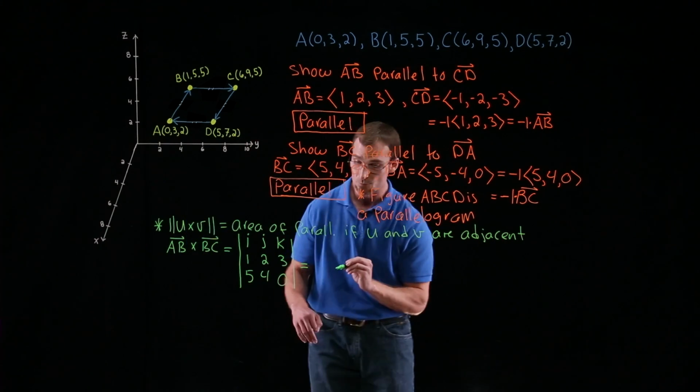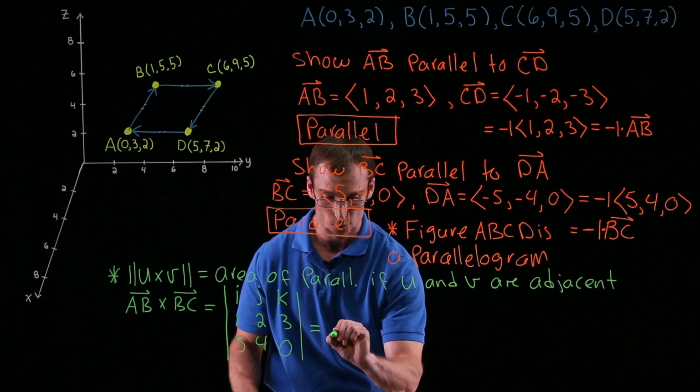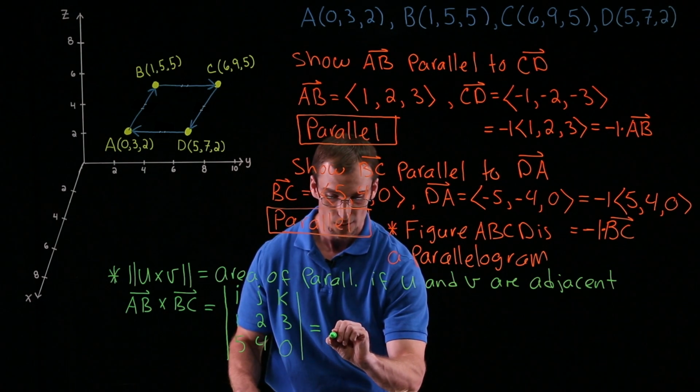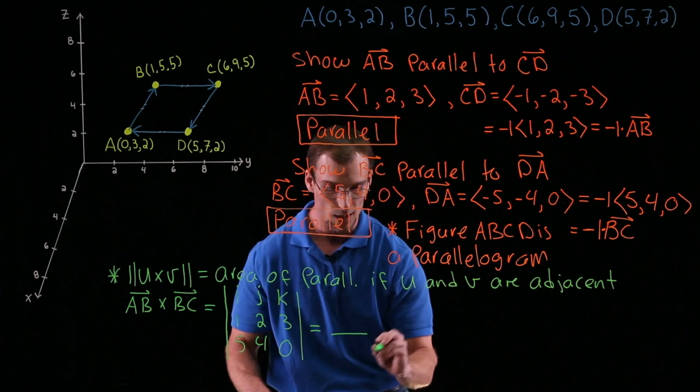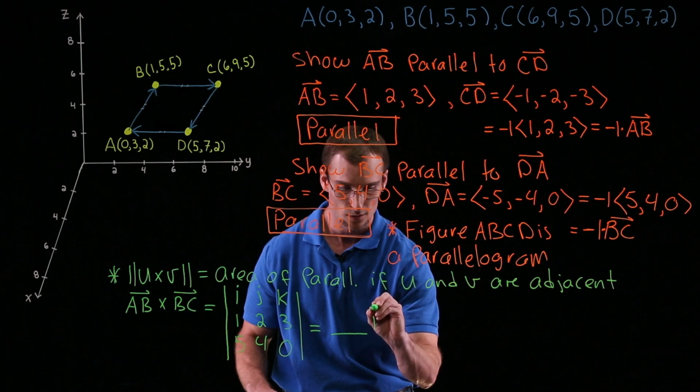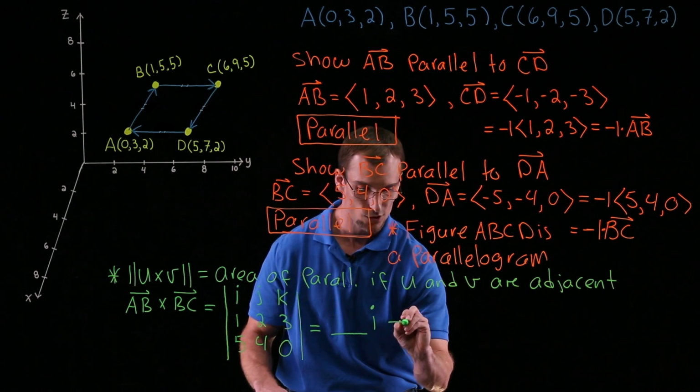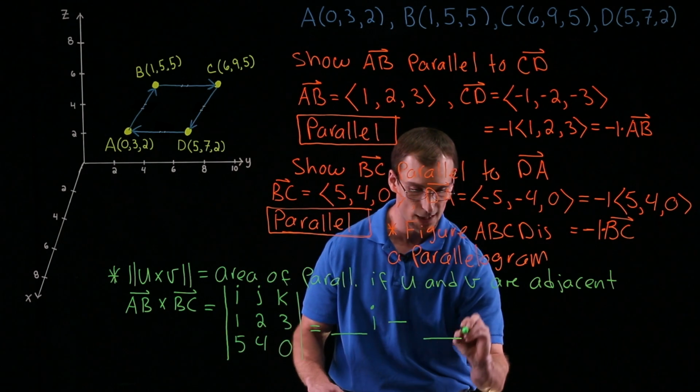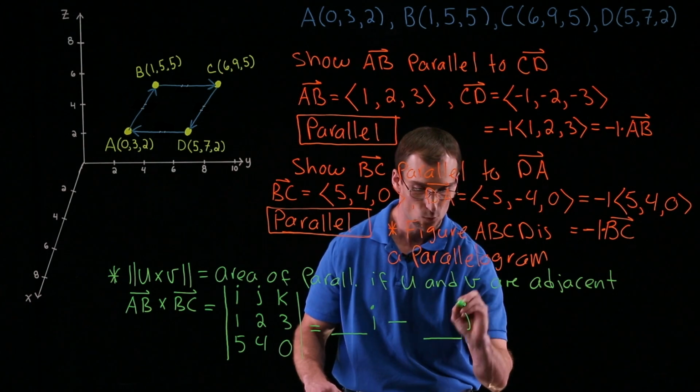Okay? So we're going to leave ourselves a little bit of space. So the answer to this is going to be the linear combination of the unit vectors i, j, and k. So these are little blanks we're going to fill in with numbers.